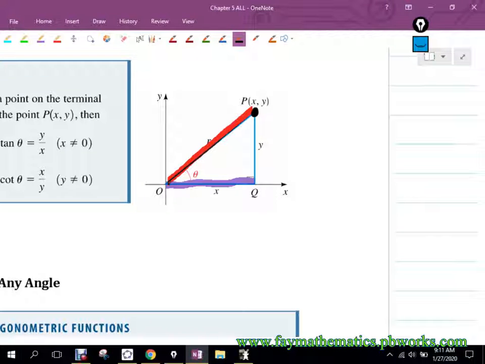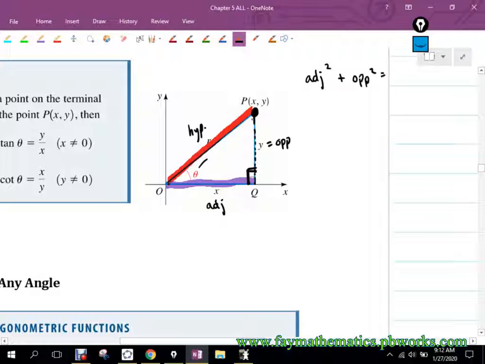All right? What that does then is if I go from that point straight down to the x-axis, it creates a right triangle right there. Correct? Is this now your opposite side of theta? Is this your adjacent side? Is this your hypotenuse? Now, we know, based on Pythagoras, that the adjacent side squared plus the opposite side squared should equal the hypotenuse squared, right?